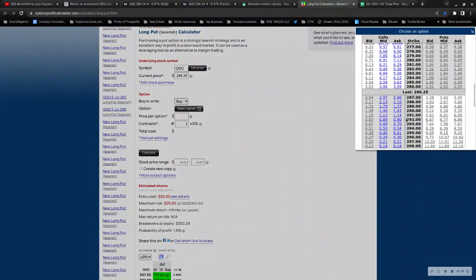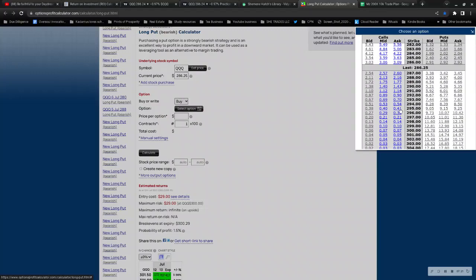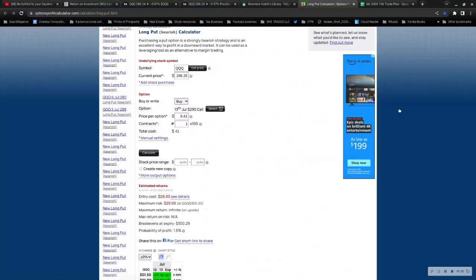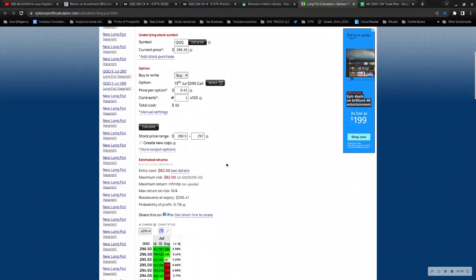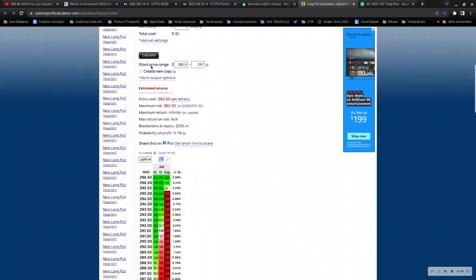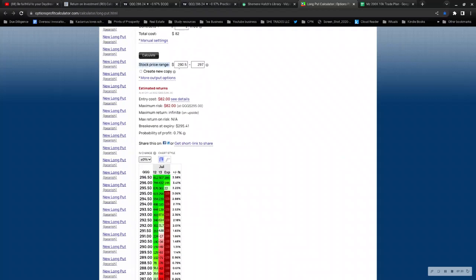So then once you determine what contract or what strike you may want, you click on it. It's going to put it here. And I already said I wanted to spend $75, let's say. So that will give me, I can do 2 contracts to get close to my budget. So now we're going to click calculate. And then here it tells you the stock price range.